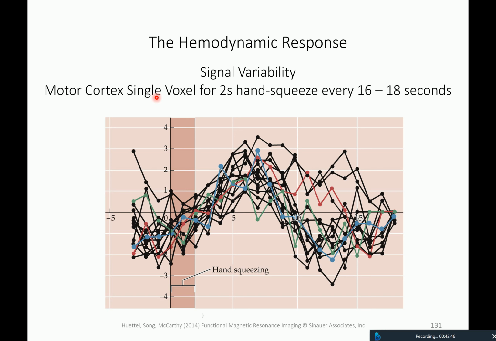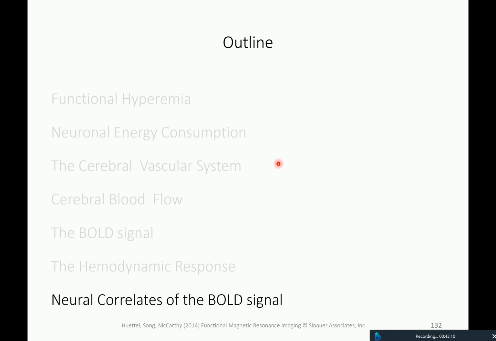So this shows this cutout, and you can see that overall, in this case, there is a little bit of a going down here, and there's also a little bit of a post-stimulus undershoot, but sometimes there's also not. So you should appreciate that the signal is variable, and that from trial to trial and also from participant to participant, you don't always see the same thing.